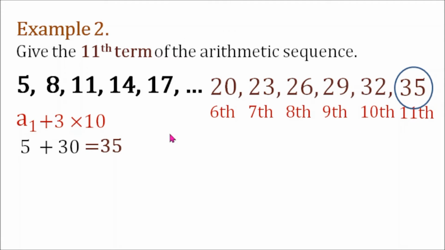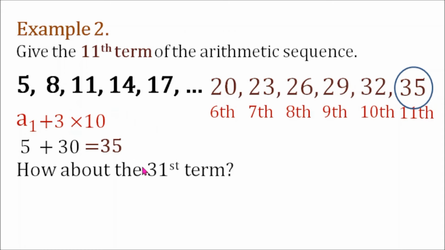Now how about if you are asked to find the 31st term? We really need to devise a pattern or a way to find the 31st term without listing all the terms. So again, from this idea, we start from the first term.